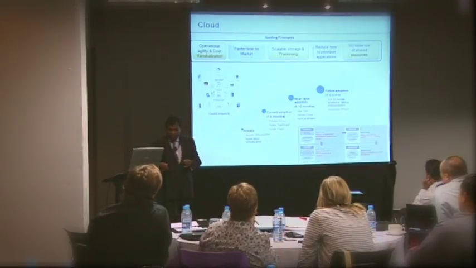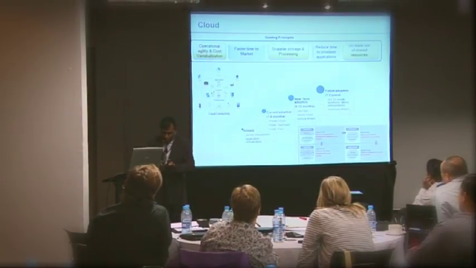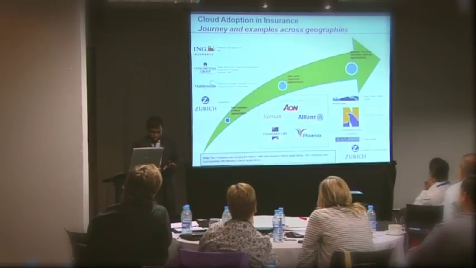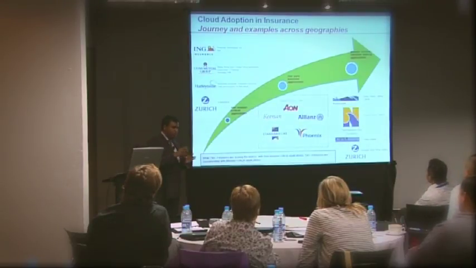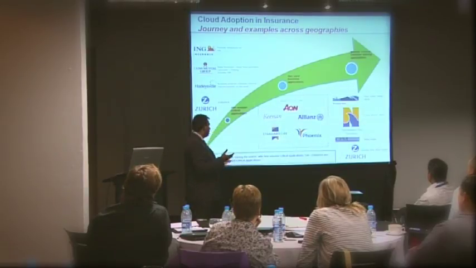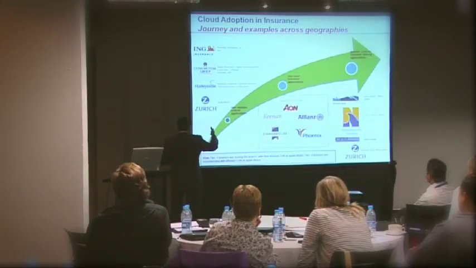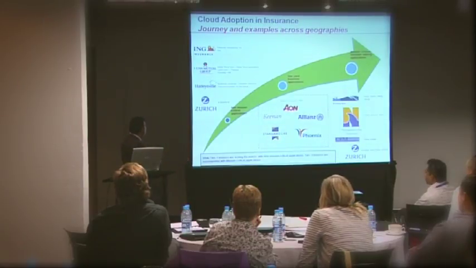I can share some examples of what other insurers are doing in cloud. You can divide the portfolio into core, non-critical and mission-critical applications. If you look at the lower end, there are a lot of non-mission-critical applications like e-signatures and functions like HR payroll. A lot of companies have started using the cloud.